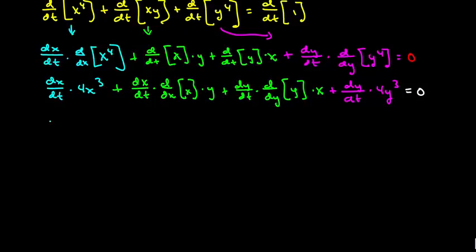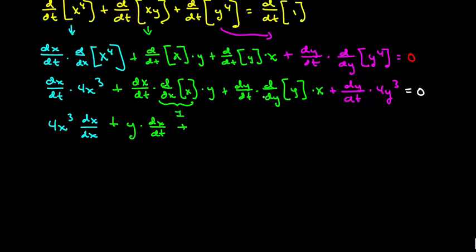I'm just going to write this guy out front. So 4x to the third times dx/dt plus, now d/dx of x is 1, so I'm left with 1 times y, which is just y, dx/dt, like that.